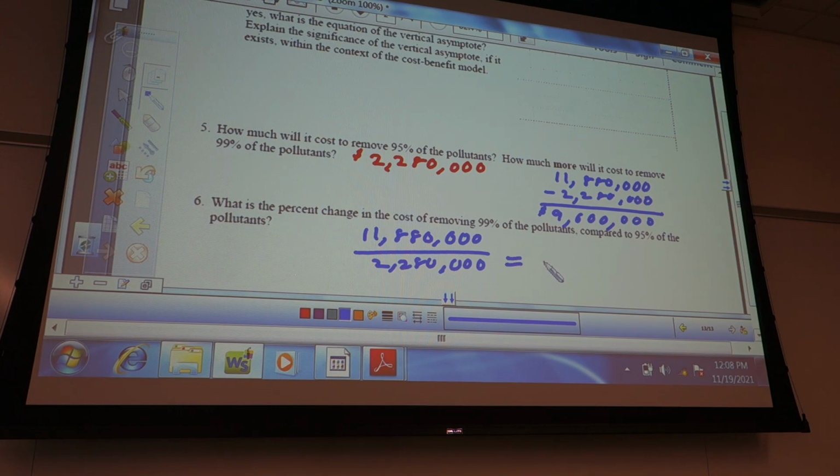To write 5.2 as a percent, you've got to move the decimal over two spots to the right, which is 521%. 5 times more. It is a lot more.